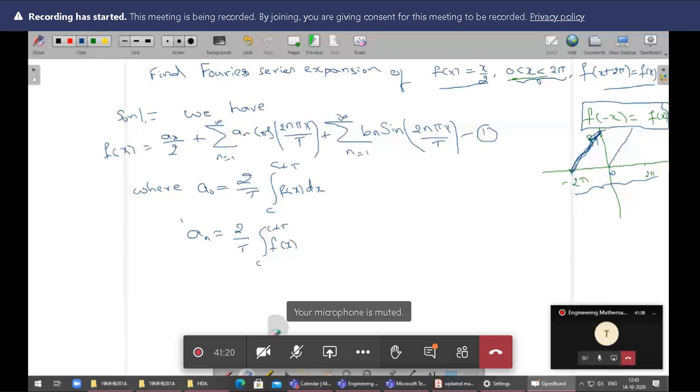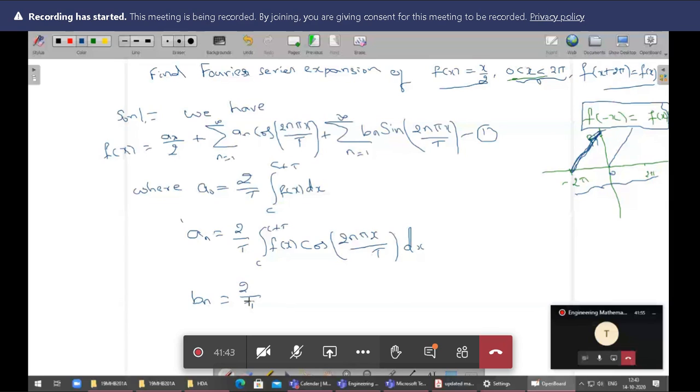We have one more term, that is cos 2n pi x by t into dx. And similarly b n is 2 by t integration from c to c plus t f of x into sine 2n pi x by t into dx.